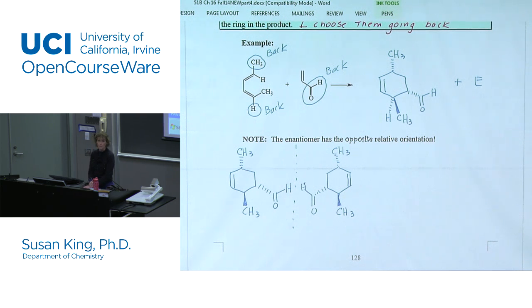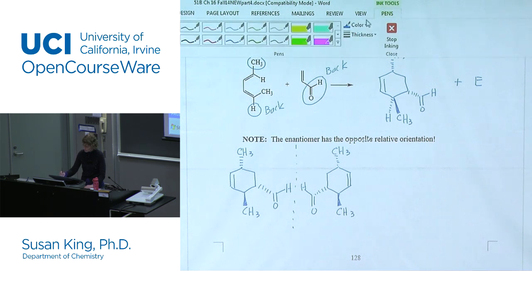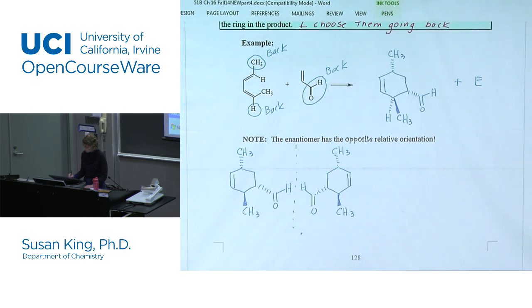Okay, everybody agreed that's the mirror image? So this is the enantiomer drawn using the mirror image, and that is certainly one perfectly good way to draw the enantiomer.